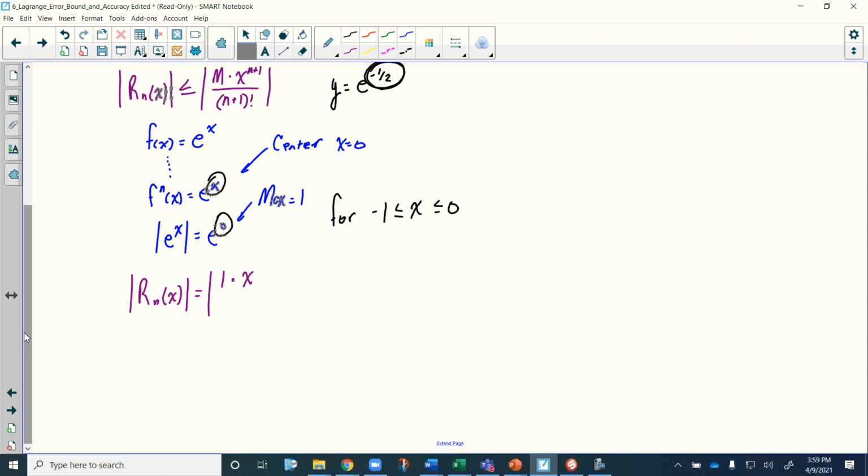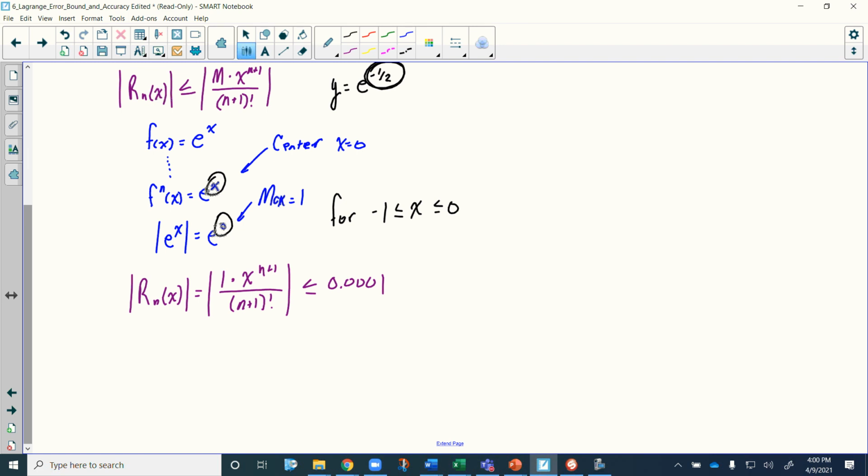So I'm going to say x to the n plus 1 power over n plus 1 factorial, but this is going to have to be less than, in this case, 4 decimals. So I'm going to say 0.0001. There's 4 decimals.